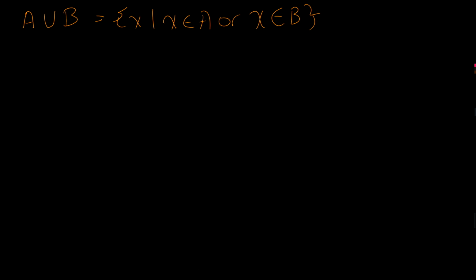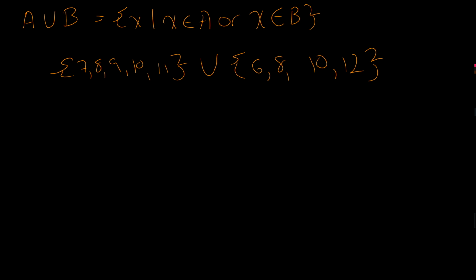And instead of drawing this, I think it'll be more inclusive. I'm going to use the same numbers. So I'm going to use 7, 8, 9, 10, and 11. And I'm going to do the union of that with 6, 8, 10, and 12. And so now I need an or. I need to collect everything.